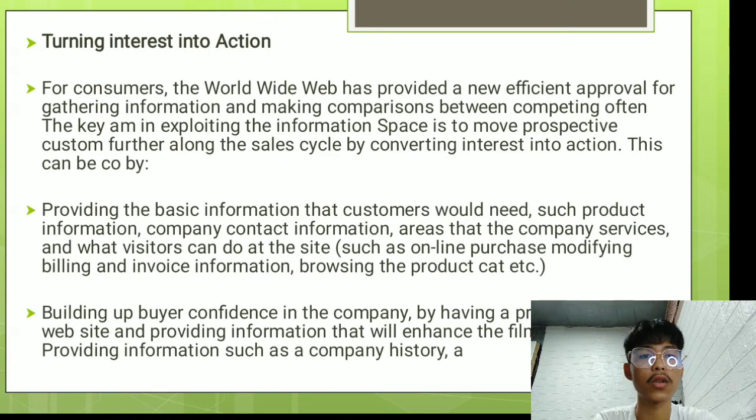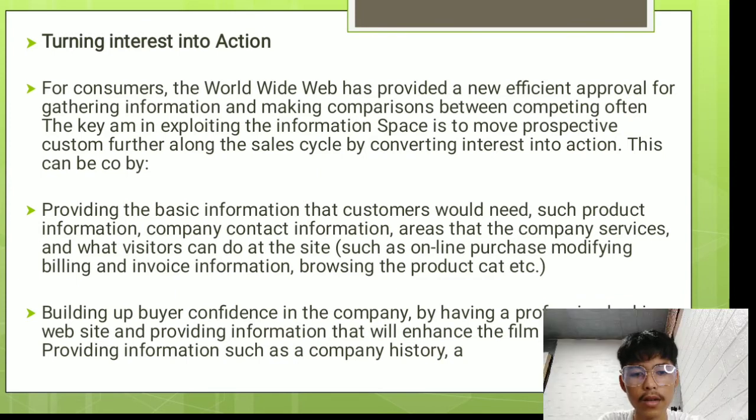Turning interest into action. For consumers, the World Wide Web has provided a new efficient approach for gathering information and making comparisons between competing offers. The key to exploiting the information space is to move prospective customers further along the sales cycle by converting interest into action.